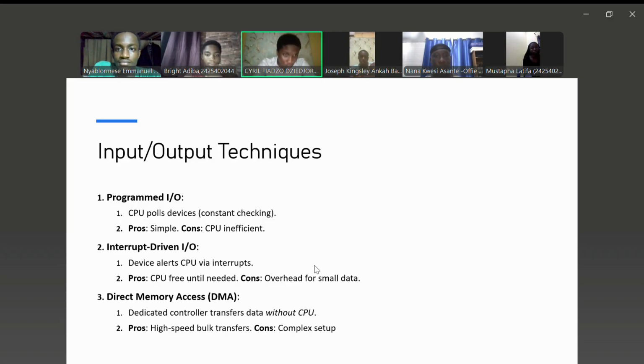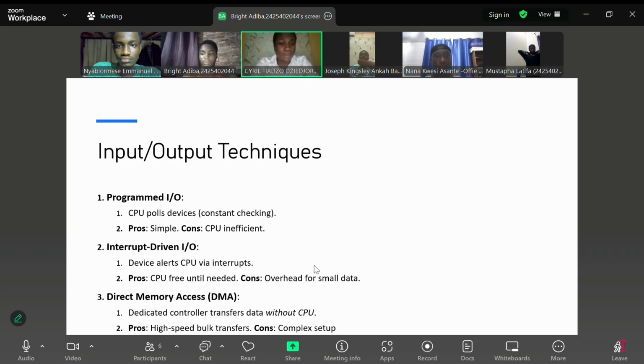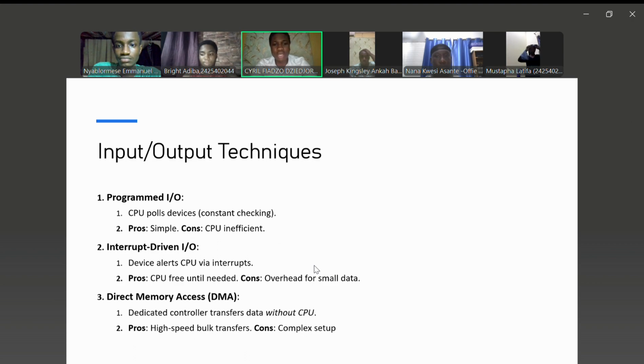First, we are going to talk about the programmed input-output techniques. The CPU polls the device, that is constant checking, and then we have some pros and cons. The pro is that it is simple, and the con is that it is CPU inefficient. Secondly, I'm going to take you through interrupt-driven input output.